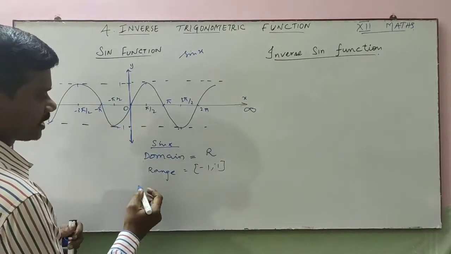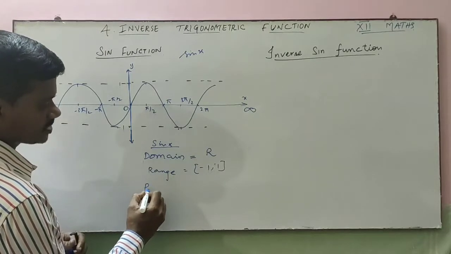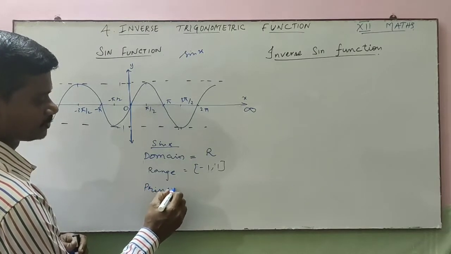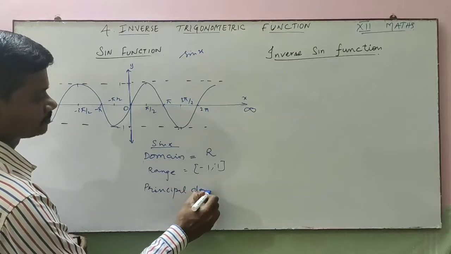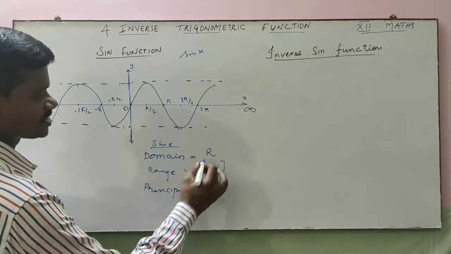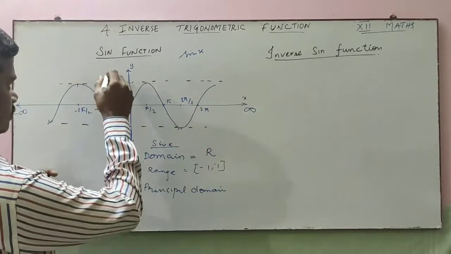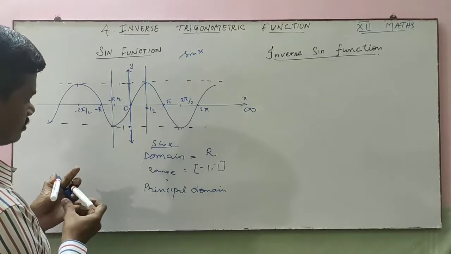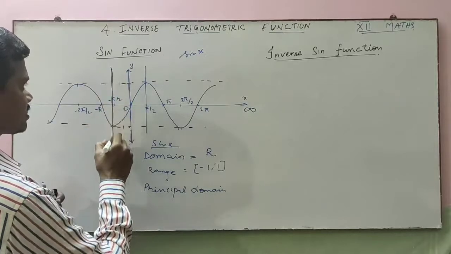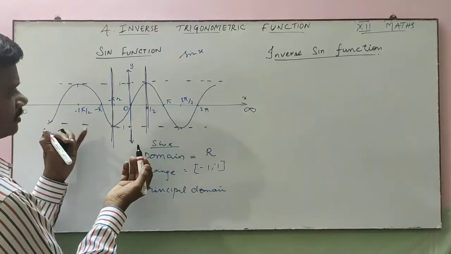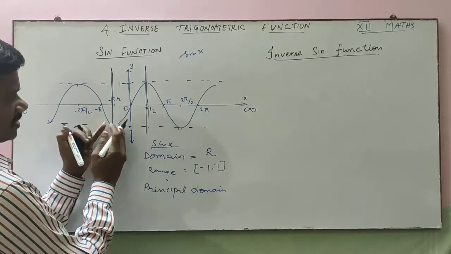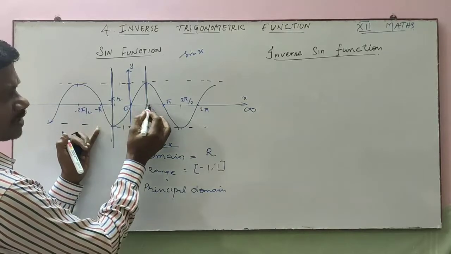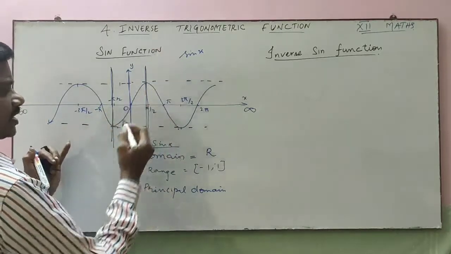Here we have to know the restricted domain, which is called the principal domain. What is the principal domain? We have to take these two vertical lines. These two vertical lines restrict the graph. That means in between minus pi by 2 to plus pi by 2, I get all the values.